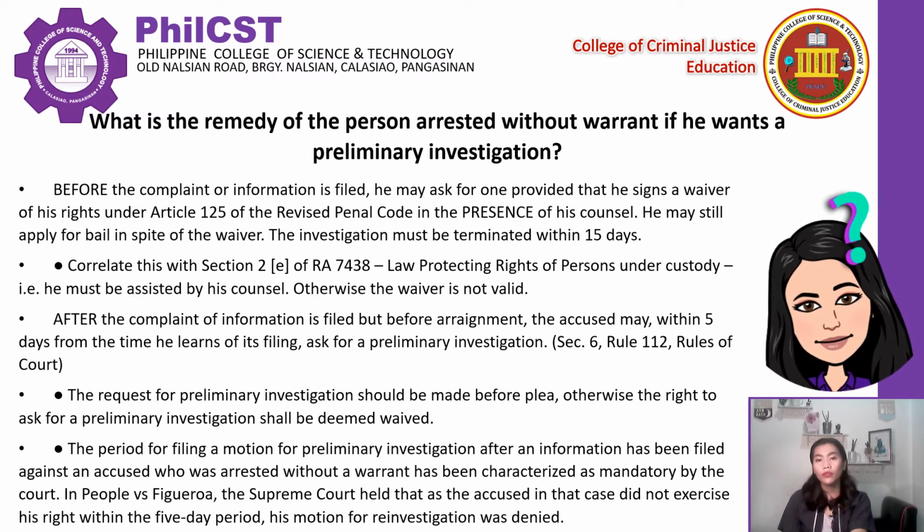The period for filing a motion for a preliminary investigation after an information has been filed against an accused who was arrested without a warrant has been characterized as mandatory by the court. So, in People v. Figueroa, the Supreme Court held that as the accused in the case did not exercise his right within the 5-day period, his motion for the investigation was denied.